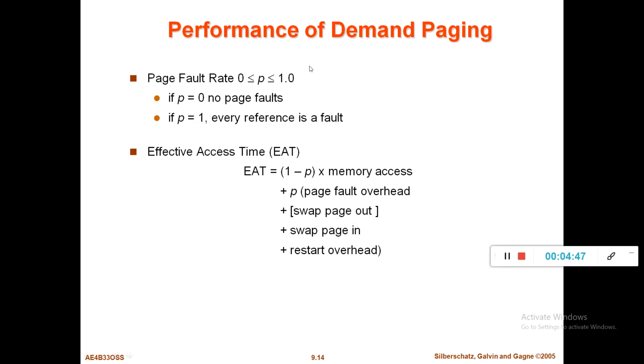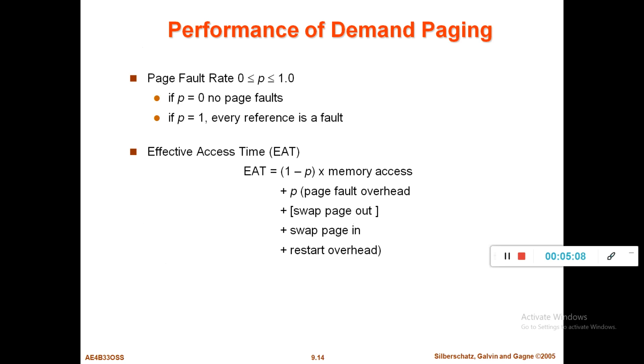To calculate the performance of the demand paging, we are using the effective access time, EAT. The formula for this is (1 minus p) into memory access plus p into (page fault overhead plus swap page out plus swap page in plus restart overhead). Swap page out is optional: if there are no free frames, we are going to swap out a page.